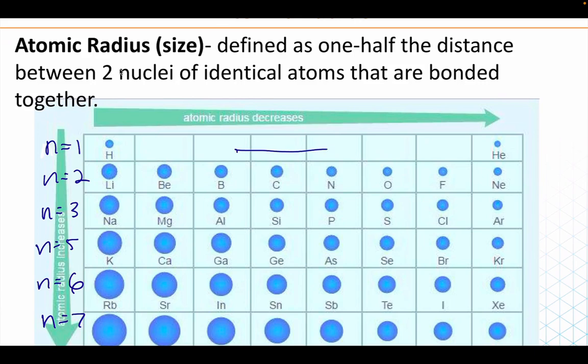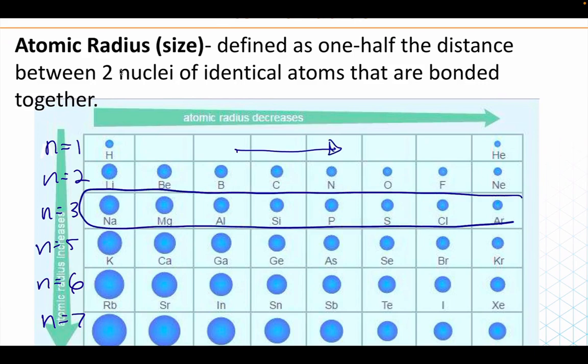And then when you go through a period, like let's say I pick this period, they're all going to have 3 energy levels, but they're getting smaller, which is kind of weird because they're getting bigger in terms of their nucleus and their electron number, but they're getting more positive.